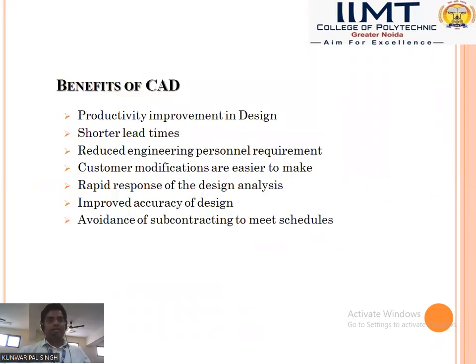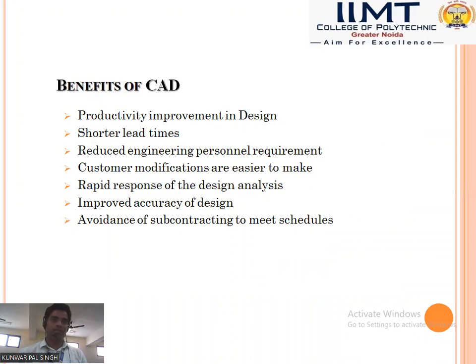So what are the benefits of CAD? By using CAD software, productivity increases. We need a short time. Definitely, computers save time. It reduces engineering personnel requirements. Modifications are easy because through commands we can make them in a very short time. Response is faster, since the computer is a faster thing.